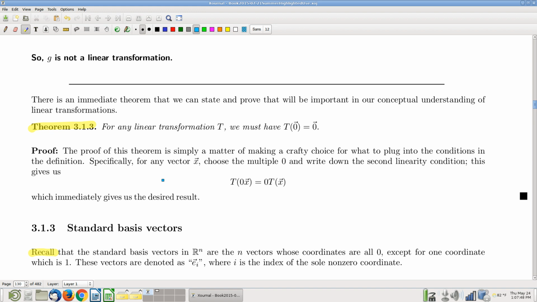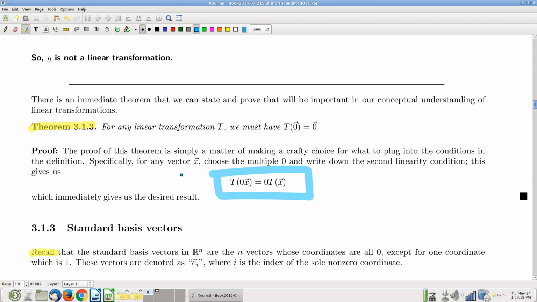Another little quick fact, it turns out that for any linear transformation, t of 0 is equal to the 0 vector. We don't have to require this. This is, in fact, a consequence of the linearity condition. This is a very handy fact. Every linear transformation, any function that plays nice with linear combinations, in other words, every linear transformation, 0 goes to 0. Every time, no exceptions. So easy to prove this fact. Here is a special case of the linearity conditions, right?